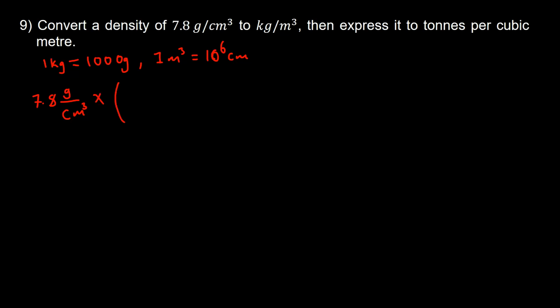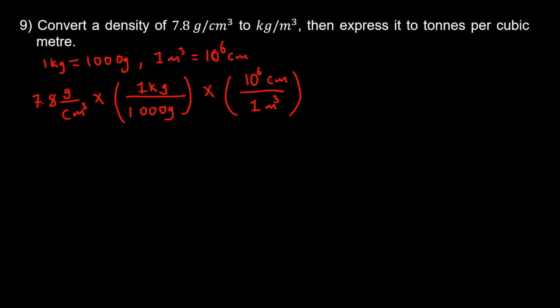We want to cancel out the gram, so let's put the 1000 grams down and then the kg on top, and then we can multiply it again by, we want to cancel out the cubic centimeters. So the cubic centimeters can be on top. And then down there, we can write 1 cubic meter.